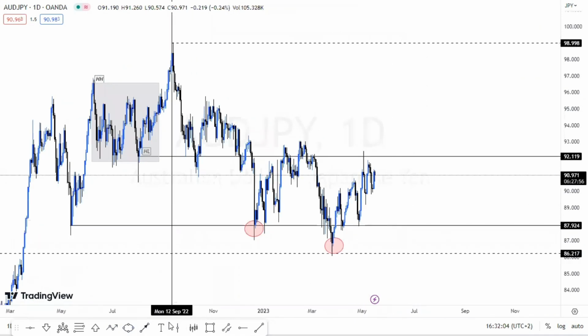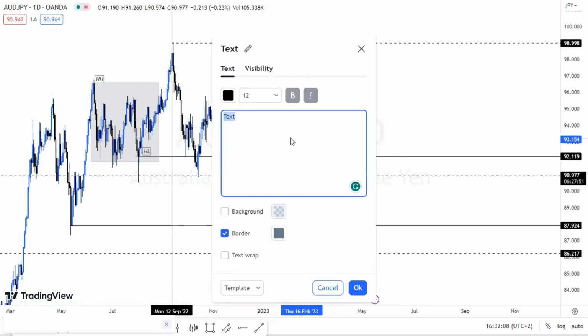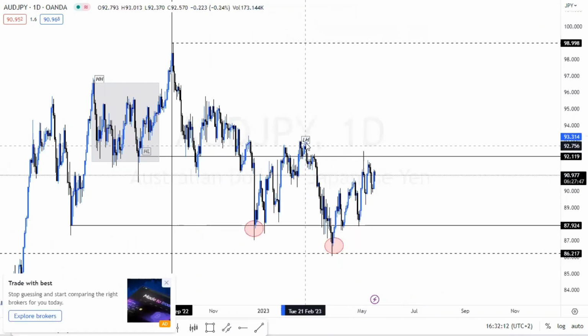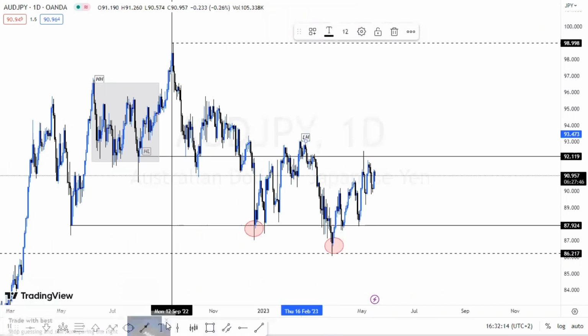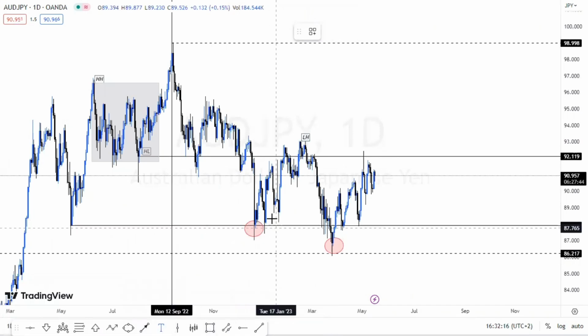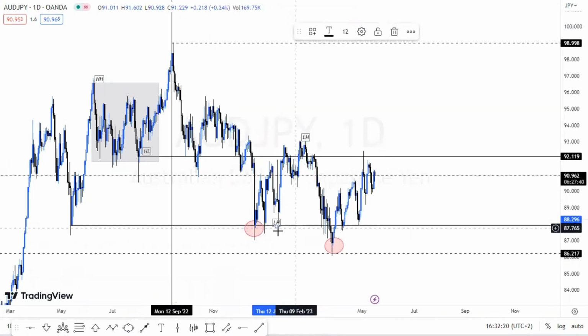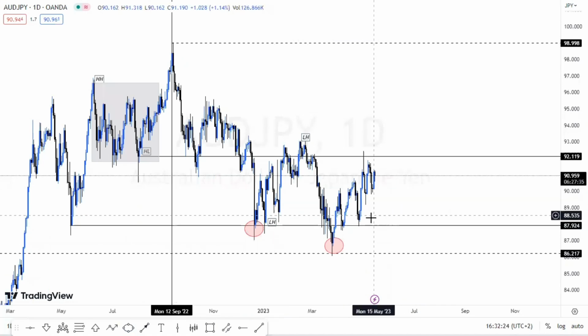So the downtrend is healthy, I guess, because this is the lower high, and this is the lower low right here, lower low. You understand?